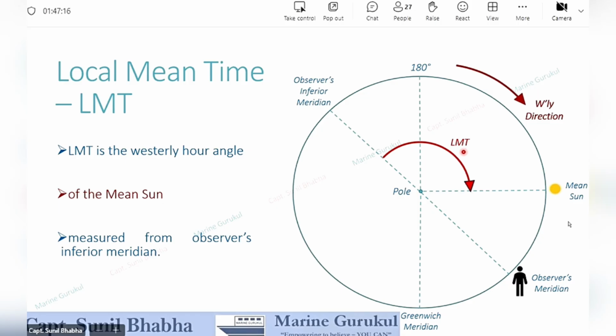When the sun moves around 360 degrees of meridian, it constitutes 1 day, which comprises 24 hours. So 360 degrees refers to 24 hours, telling us that 15 degrees is equal to 1 hour. Using this conversion factor of 15, we can convert this angle into hours, minutes and seconds, and vice versa.